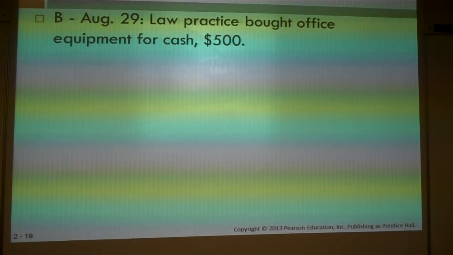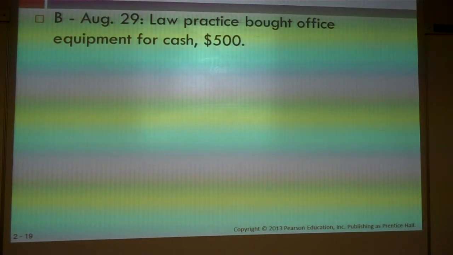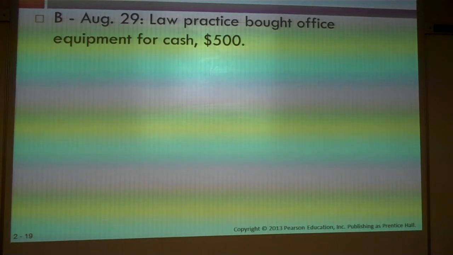We bought office equipment. Did we increase or decrease cash? Decrease. Bought. Paid. Wrote a check. Right? Those are just words that are going to go with decreasing cash. What are some of the words that will go with increasing cash?